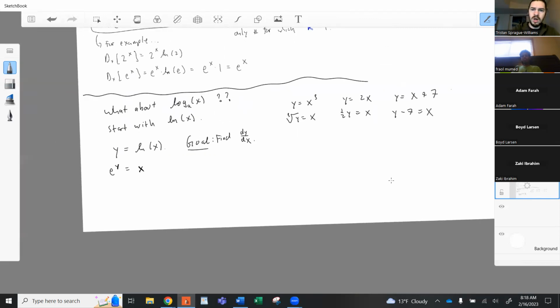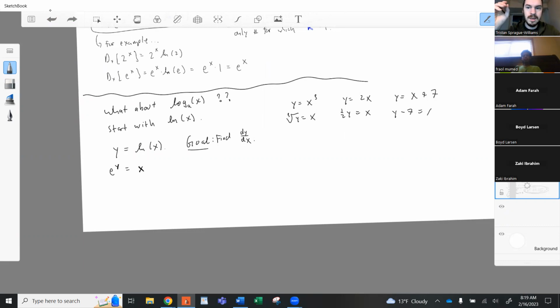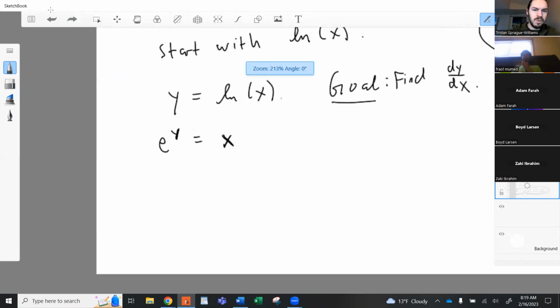As you can see, all of these are examples of having a function on one side and then moving it over to the other side by inverting it, right? The inverse of times 2 is divided by 2, or times a half. The inverse of plus 7 is minus 7. The inverse of cubing is a cube root. The inverse of log is e to the power of something, right? This is also just moving something from one side to the other by inverting it. This is another example of the same idea. So anyway, just wanted to point that out.